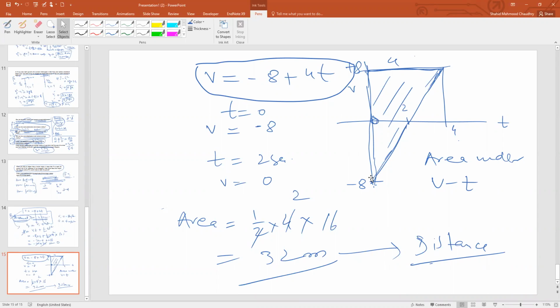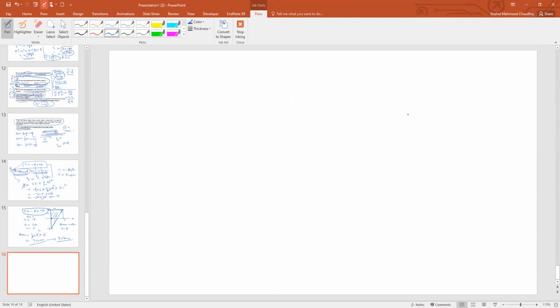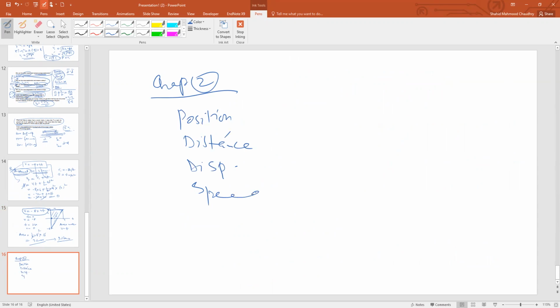This chapter number 2 from my side is finished because I have discussed many things with you. We discussed position, distance, displacement, speed, velocity, and in velocity, average velocity, instantaneous velocity and constant velocity.